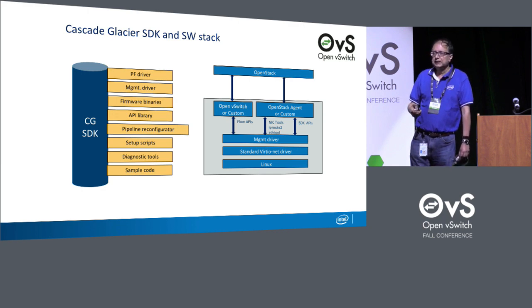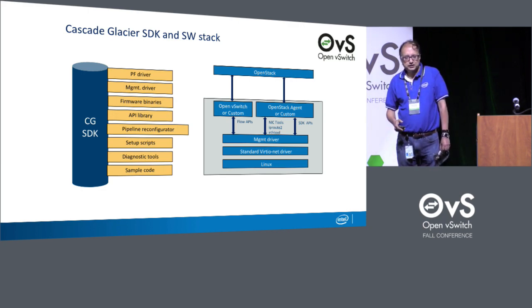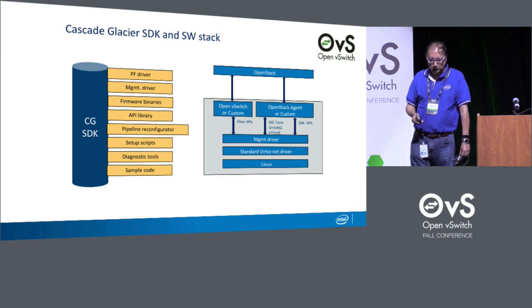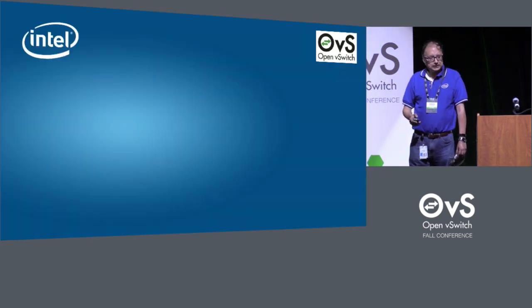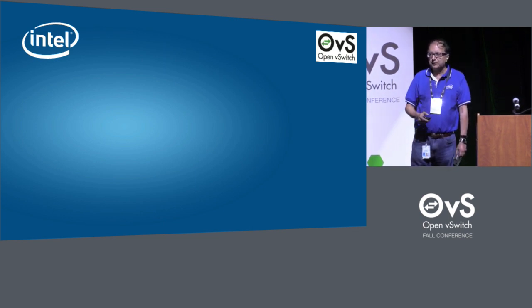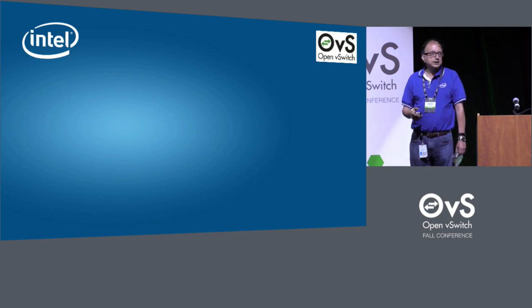That is the vision. That's the wish, and we'll see how we get to that point. I think that's all I had. I finished a little bit early. So, questions?